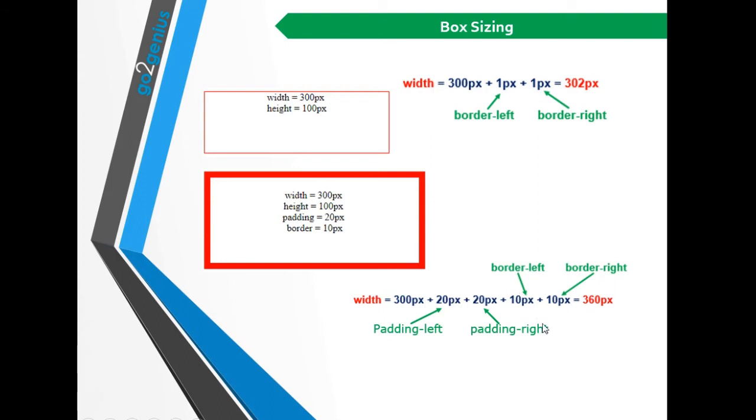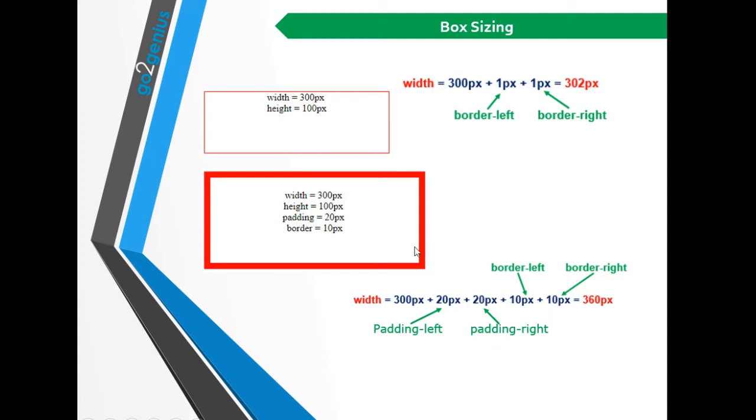Then the total width comes to 360 pixels. Now here you can see the difference after applying the padding and increasing the border width. The actual width of the content area has been increased. In the same way we can calculate the height for this element.